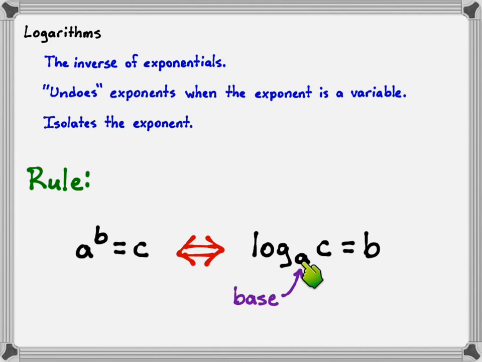So a is the base of the exponent. The exponent itself, the power b, is what the log is equal to, and then c is the result. So if you're rewriting the exponential equation as a log, the base of the exponent goes in the subscript. The exponent itself is what the log is equal to, and the answer to our exponential expression, c, is what's inside the log. In other words, this is the argument. The argument is c.